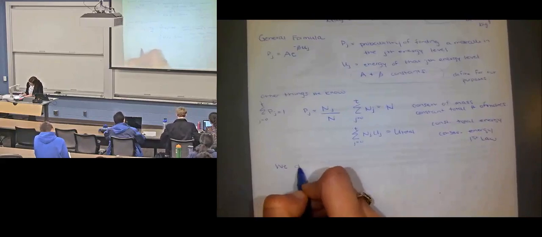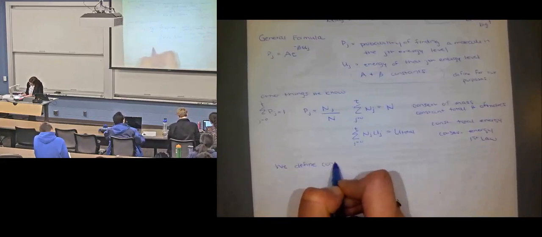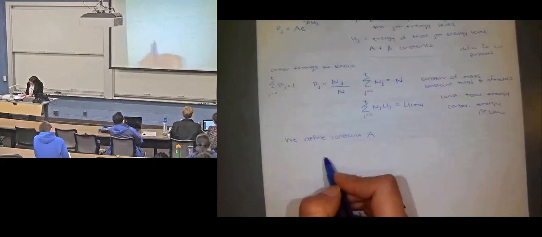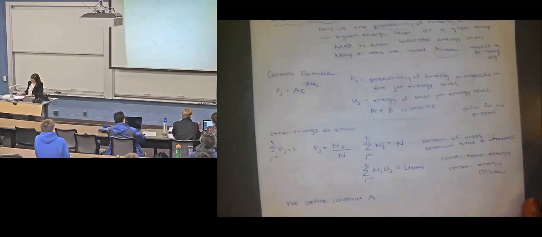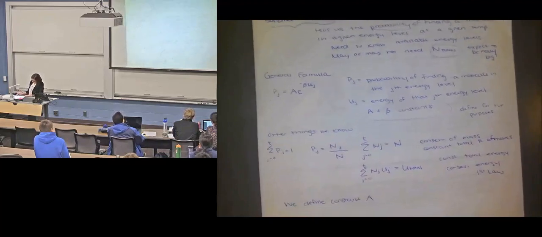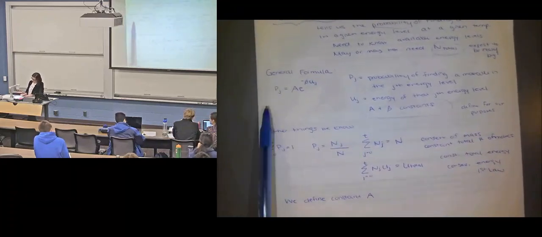So then we define our constant A. What we're going to do is take this equation up here and apply the summation to each side of the general form. Also keeping in mind that once we apply the summation, this has to be equal to 1.